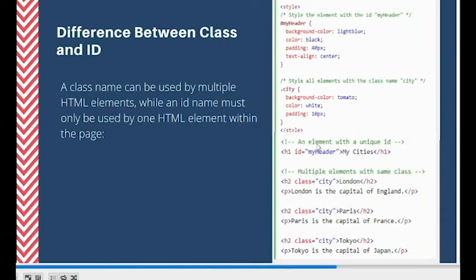And then within a page, it's a unique ID if you're going to use the ID. So for ID, hash character ang gamiton. For class, you just put the name of your class. Alright, so that's the difference between the class and the ID.